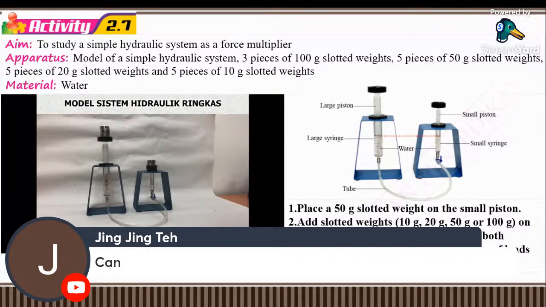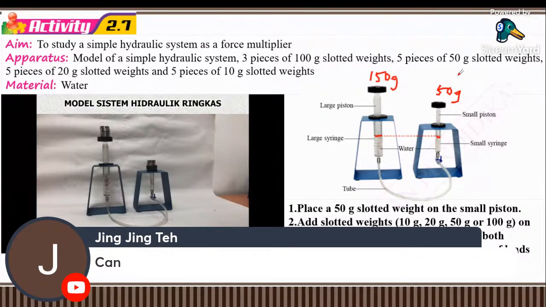Okay, nampak, just now you put 50 gram here, and then add 100 to become equal.